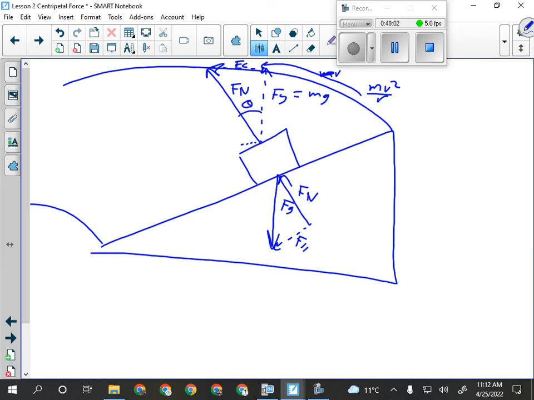This angle here and that angle there are equal. So my centripetal force is the opposite side. Normal force is my hypotenuse and centripetal force is the opposite side. So if I knew the normal force, I could say that centripetal force equals the sine of theta times normal force. Everybody okay with that?